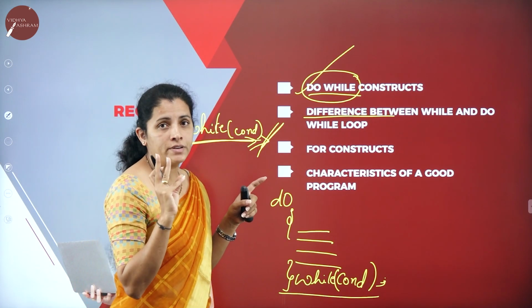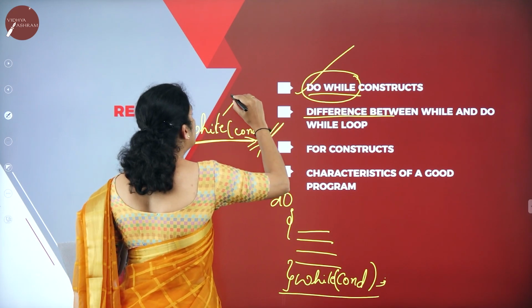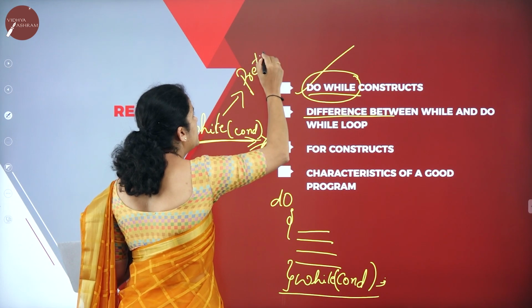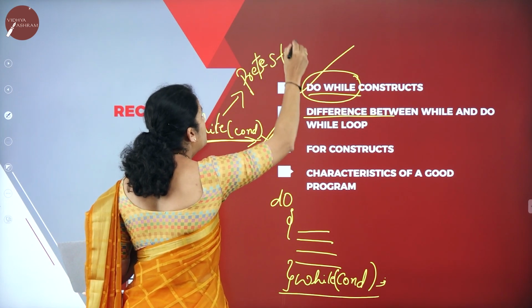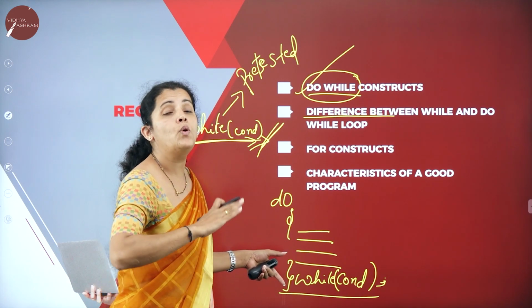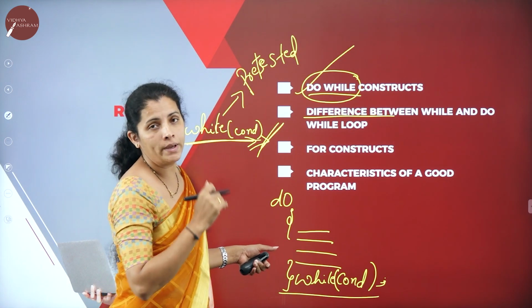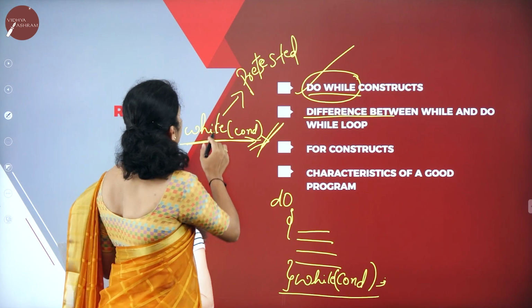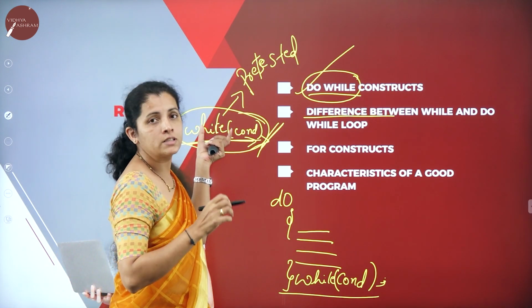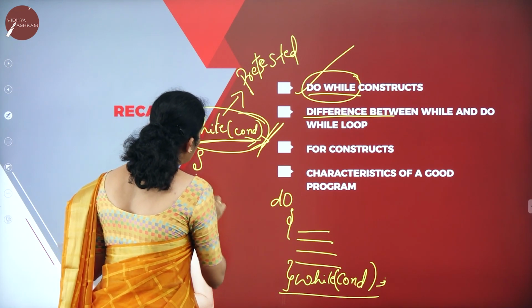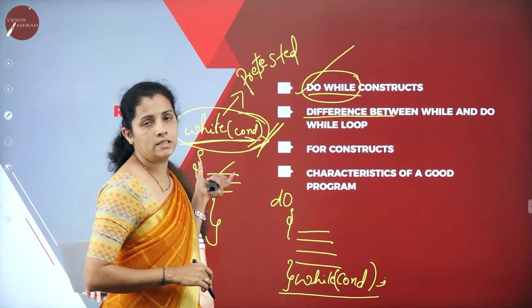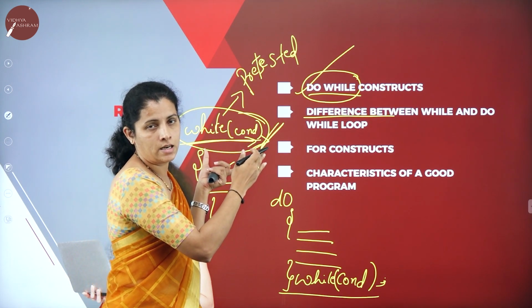What is the first difference here? The while loop is a pre-tested looping construct, whereas do-while is a post-tested looping construct. That means if the while condition is false, there is no need to execute the statements written inside the while construct.